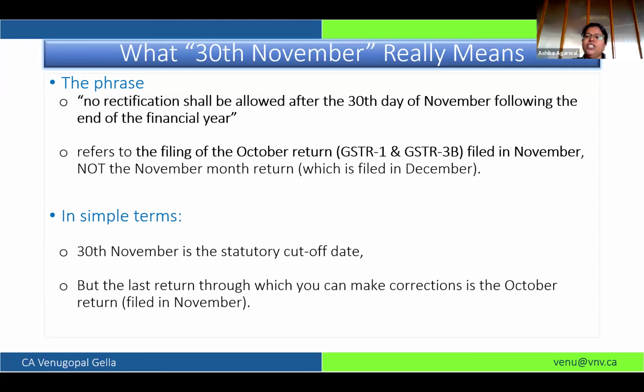Even if GSTR 1 and 3B will not block any correction, GSTR 1 will not take any data of 24-25 after you have filed your October month return. So any credit note missed out to report, any outward supply missed out, needs to be reported now. Otherwise, those benefits will not be available.